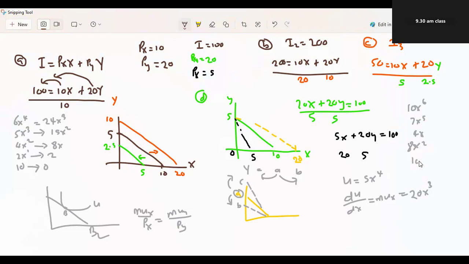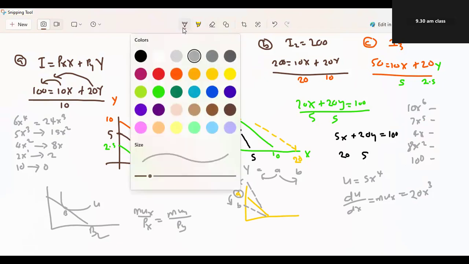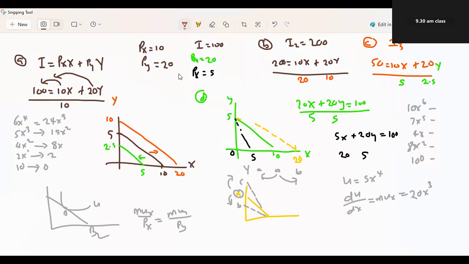So what is 10x^6? Quickly. Anyone? 60x^5.